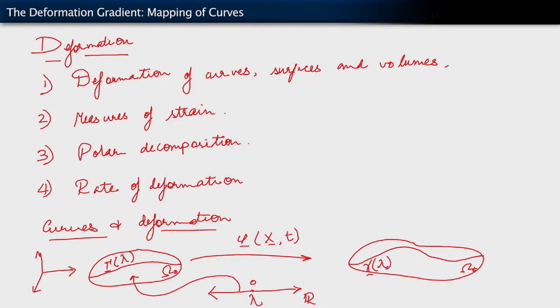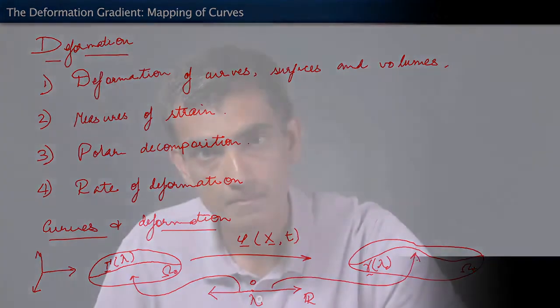Because if we don't want to worry too much about the deformation of the body, we could equivalently say that from this one-dimensional space, we've constructed this map, which would be little gamma. We could view it in that fashion. That's what tells us that we can continue to parameterize even little gamma by lambda.